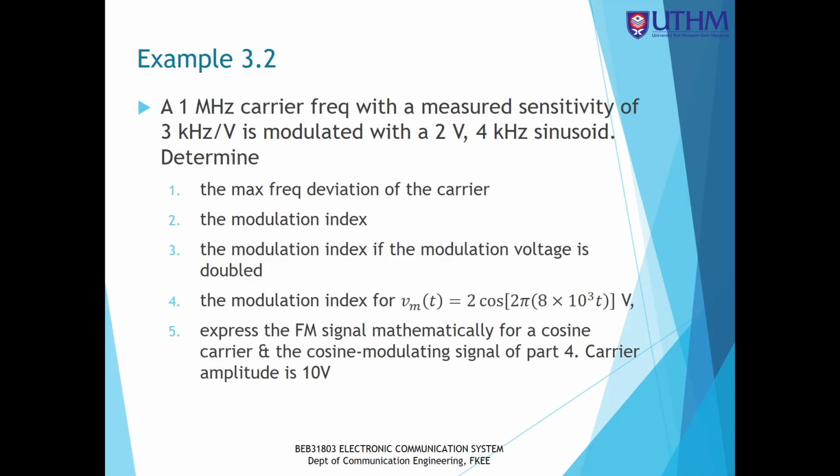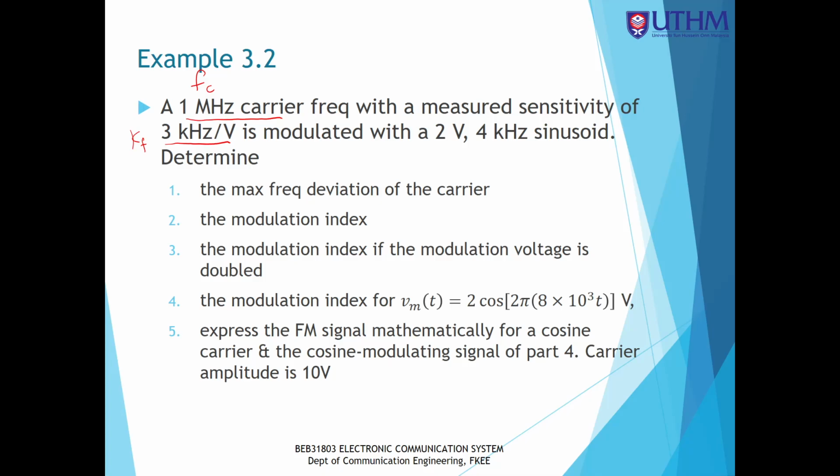A 1 megahertz carrier frequency with a measured sensitivity of 3 kilohertz per volt is modulated with a 2 volt, 4 kilohertz sinusoid. The 1 megahertz carrier means this is FC. The measured sensitivity of 3 kilohertz per volt refers to KF, the frequency deviation sensitivity parameter.